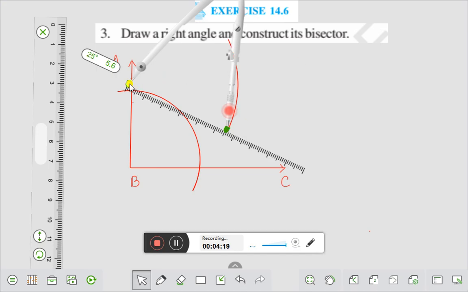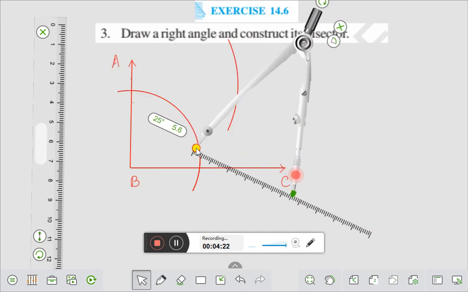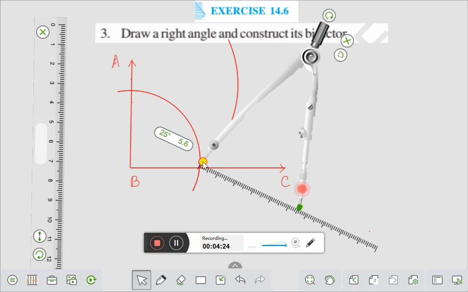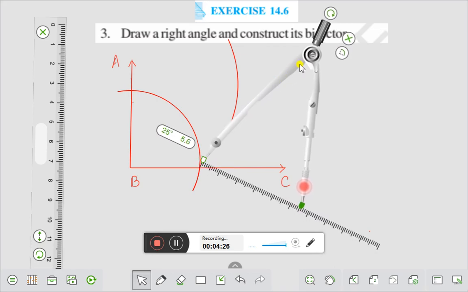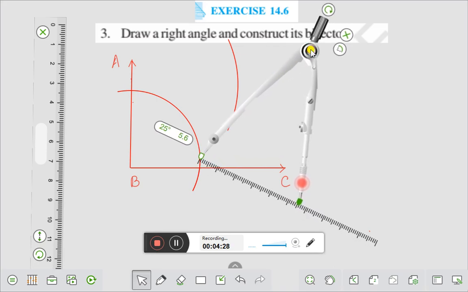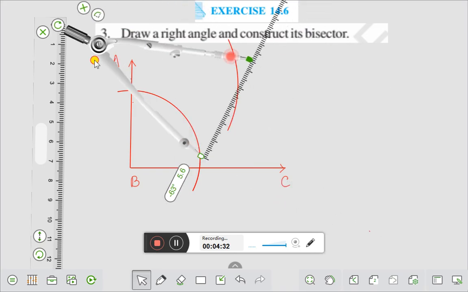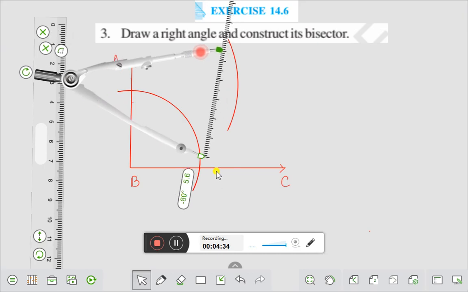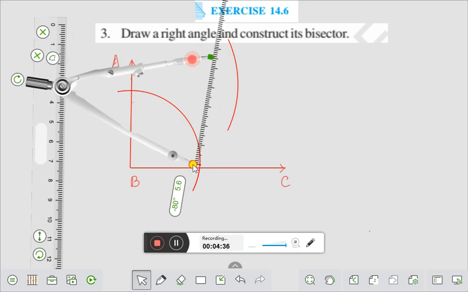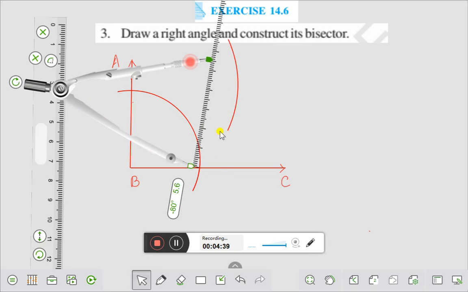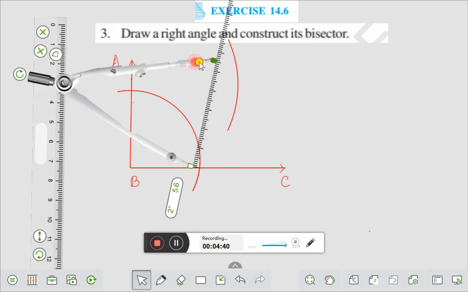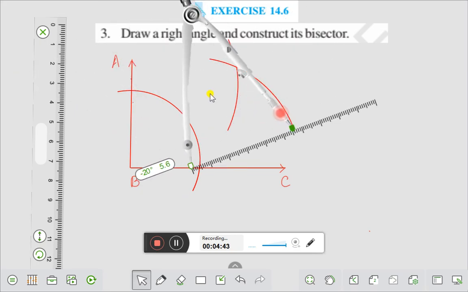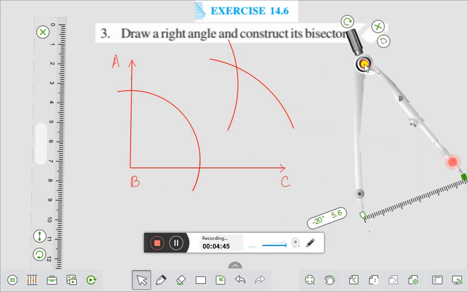Now take this pointer at this point and make another arc. And here we get this point.